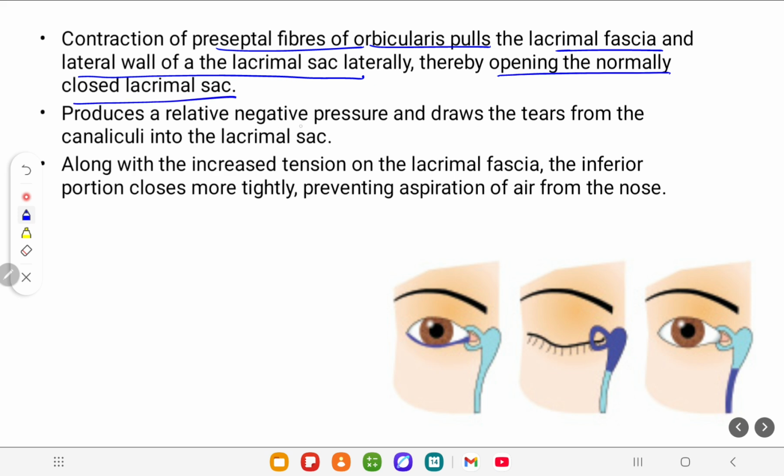This produces a relatively negative pressure, which draws the tear from the canaliculi to the lacrimal sac. Along with the increase in tension on the lacrimal fascia, the inferior portion closes more tightly and prevents aspiration of air from the nose. Basically, there is a valve in the inferior part of the nasolacrimal duct.